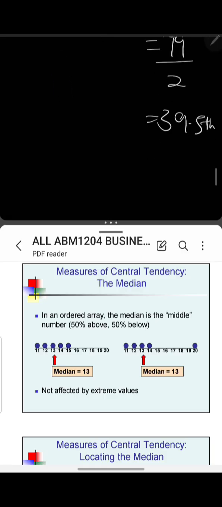You see 39.5 lies between 39 and 40. So here we shall consider the 39th and 40th positions.